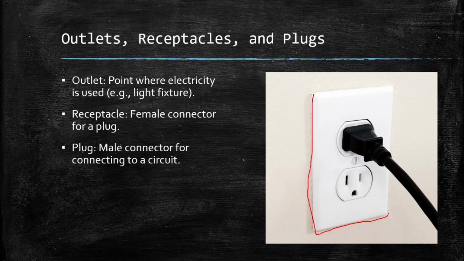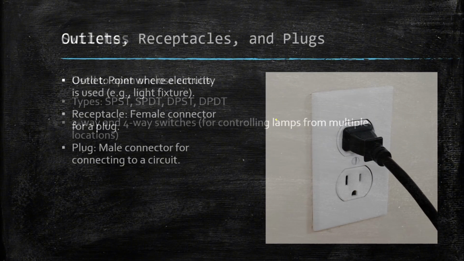This one is the outlet, and this one here is the receptacle, and this plug here is the plug or the male connector that brings power to a device. I hope that clears things up.